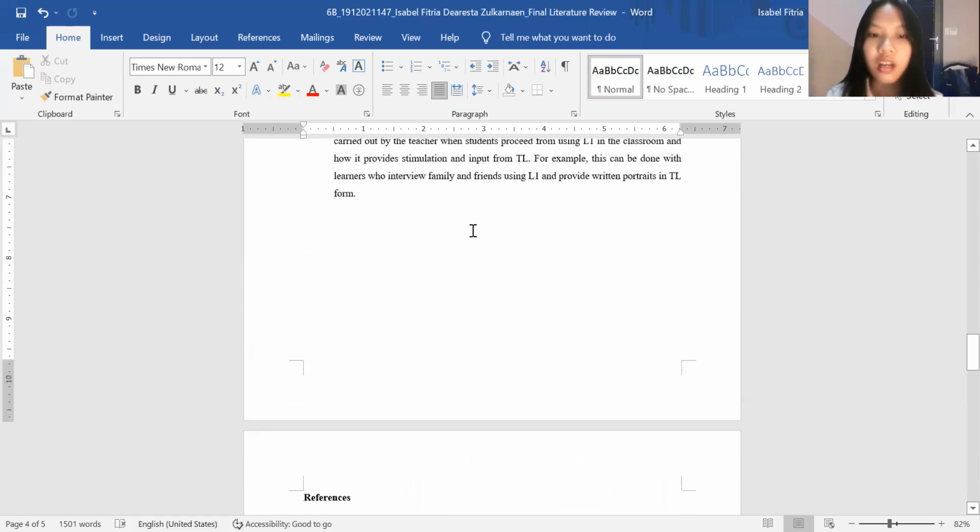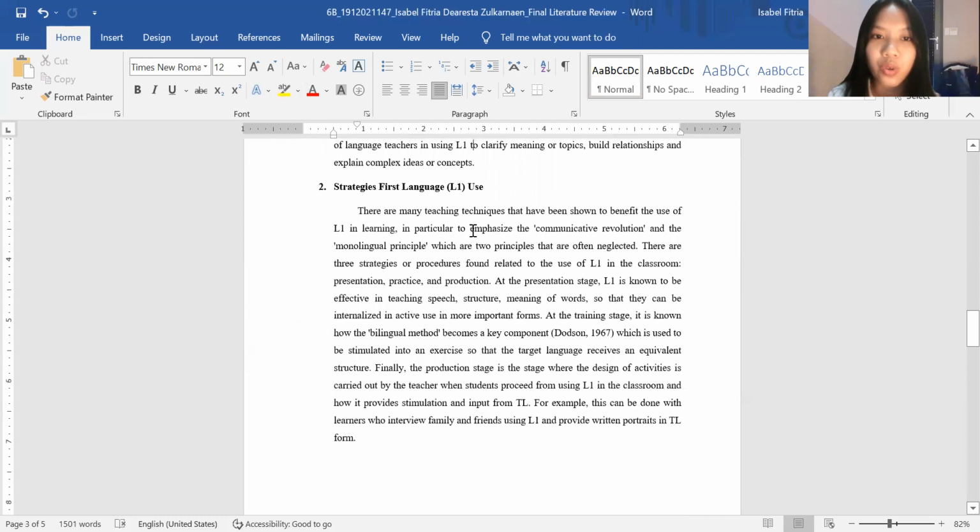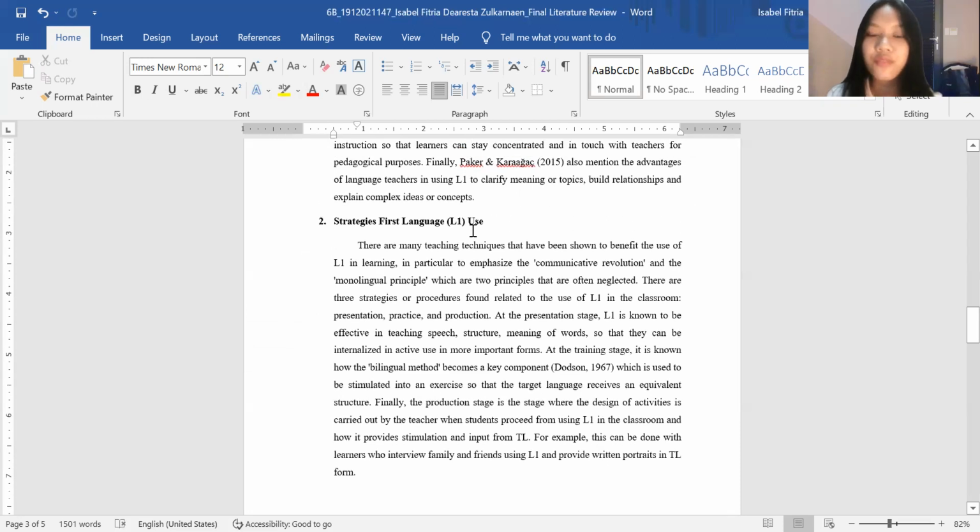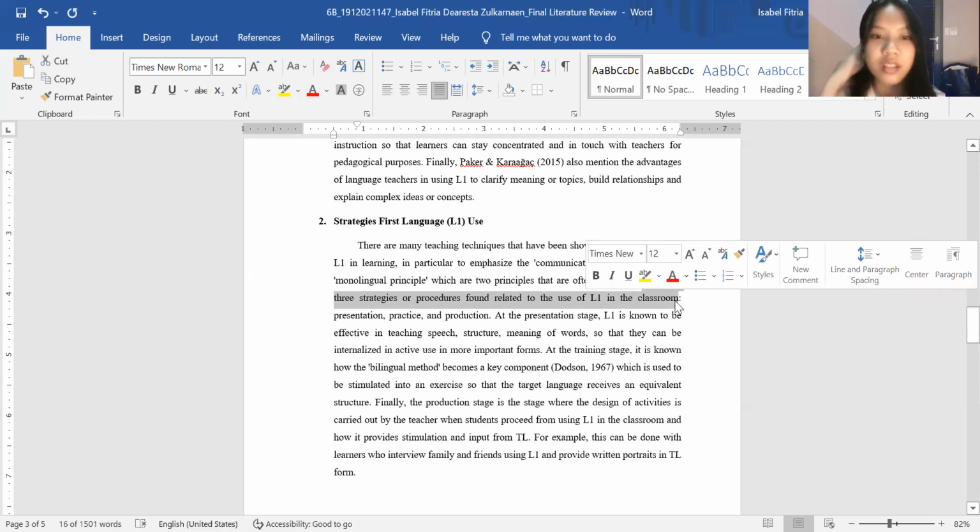And then I also write strategies of first language or L1 use, and it is actually to support the strategies to use L1, like presentation, practice, and production.